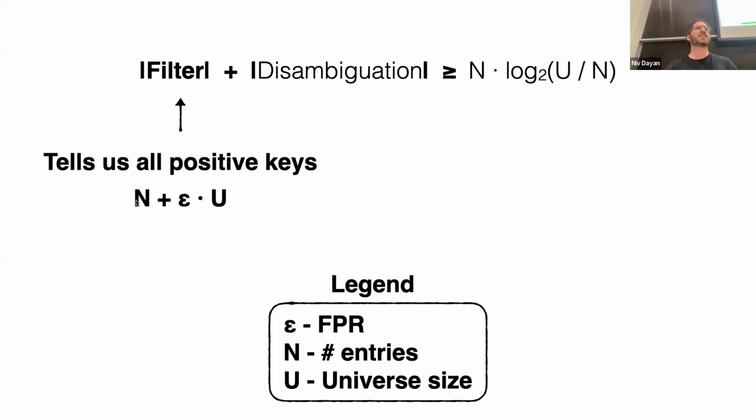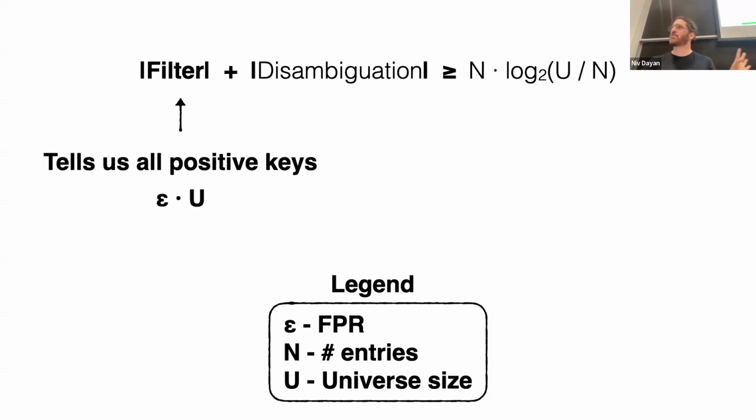I know that n entries lead to true positives and epsilon times u lead to false positives. So this is the number of keys that lead to positives. And then, I'm going to assume that u is very large, so u is going to dominate that n term. I'm doing that for simplicity.